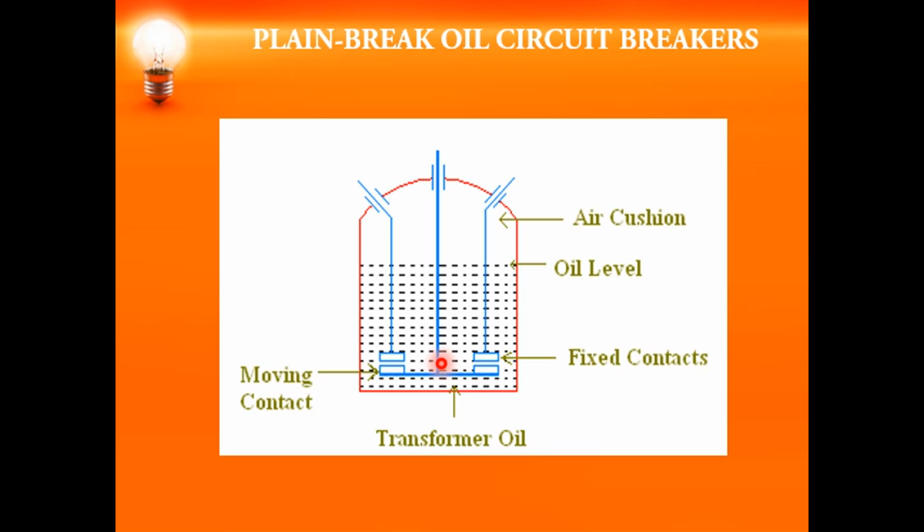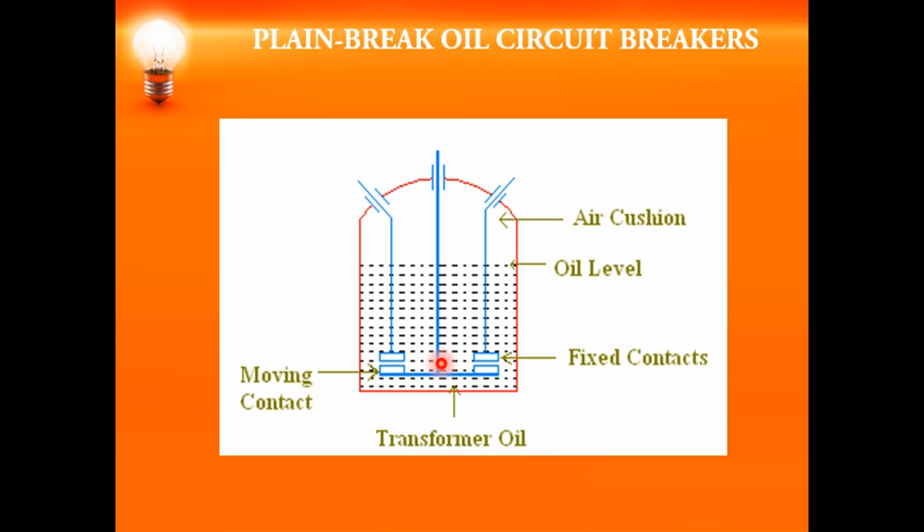That gaseous medium which is surrounding the arc will make the arc quench. How? A large gaseous pressure will be developed because of the large amount of energy dissipated within the tank, and the tank should be designed in such a way that it can withstand that large pressure.